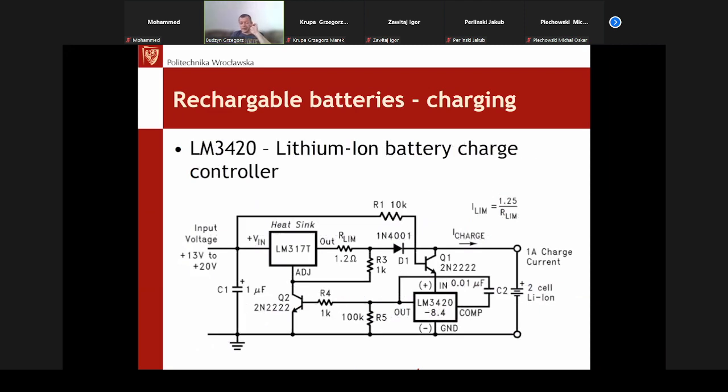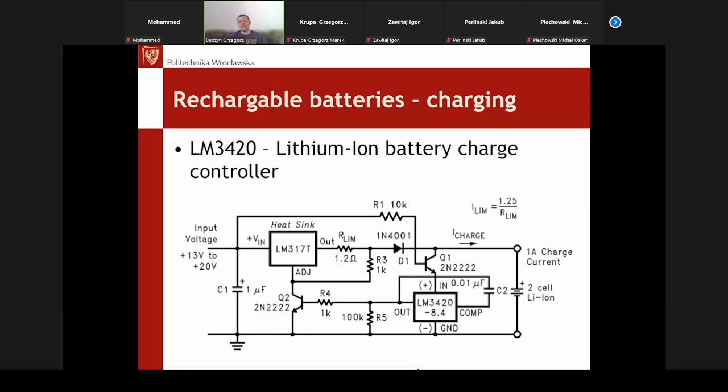Normally, if you want to build the charging by yourself, here is an example of a lithium-ion 2-cell charger. It's not that trivial. It's not that simple. That's an example without a microcontroller, with an LM317 and a 3420, the reference itself.